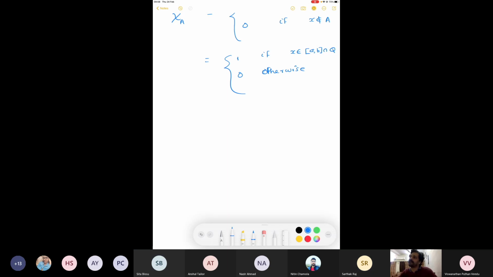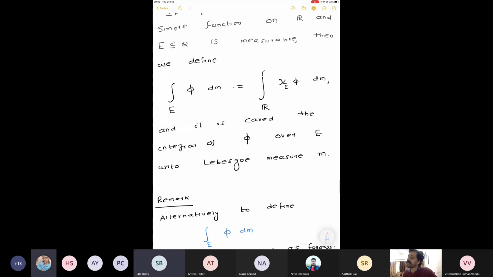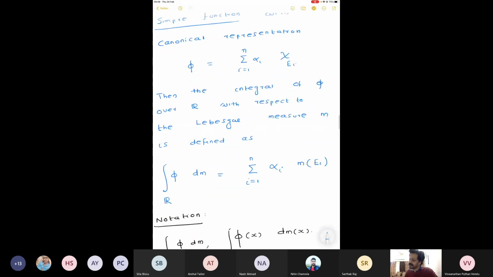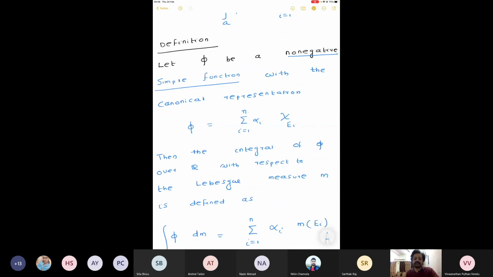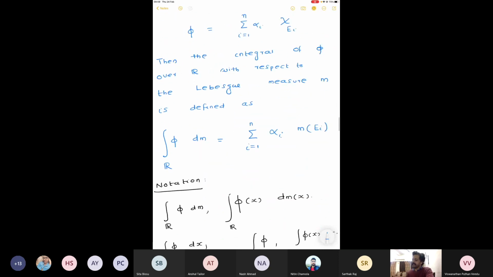How did you integrate a simple non-negative function? What was the starting point? You have to write it in what form? Canonical form. If you have a canonical form, look at the definition. This is the definition of integration. If you have the canonical form, I can immediately write the integration.